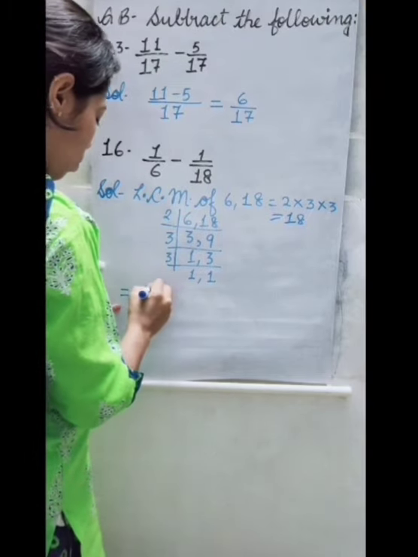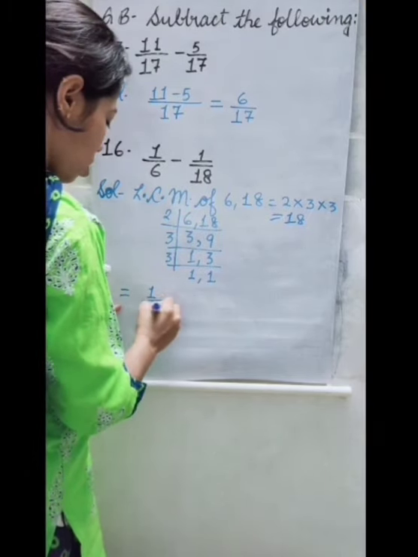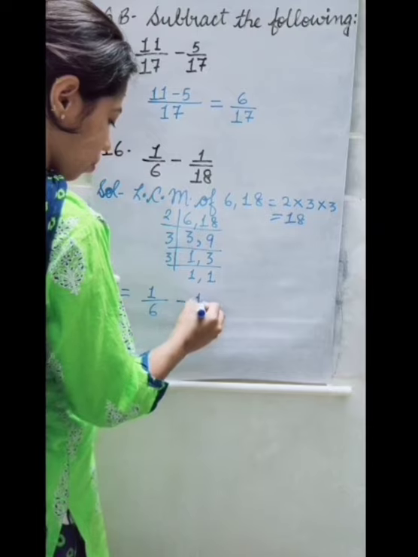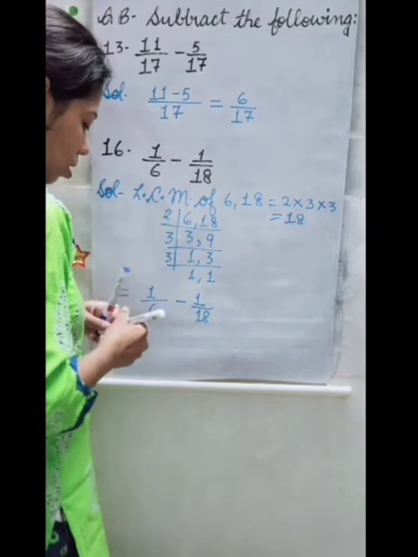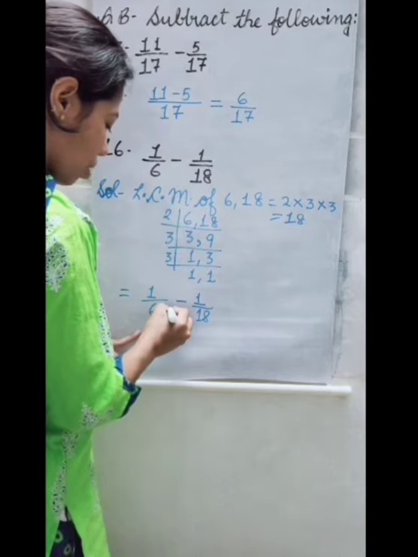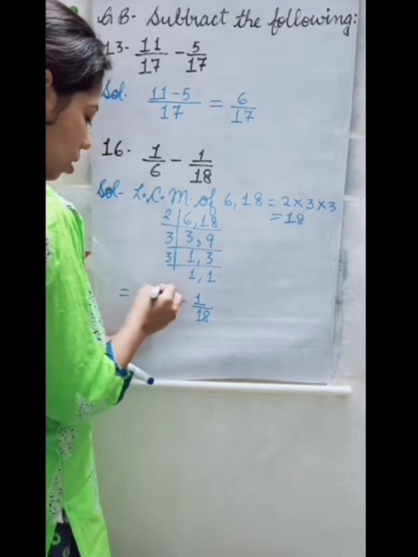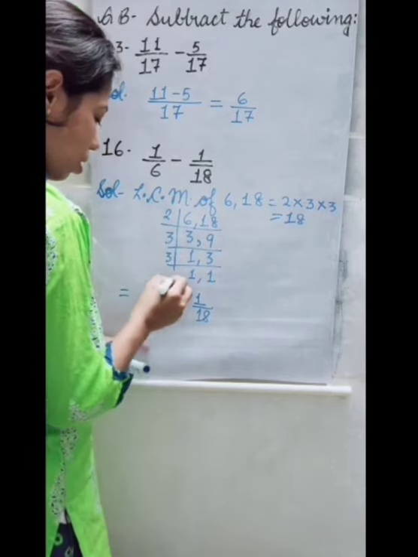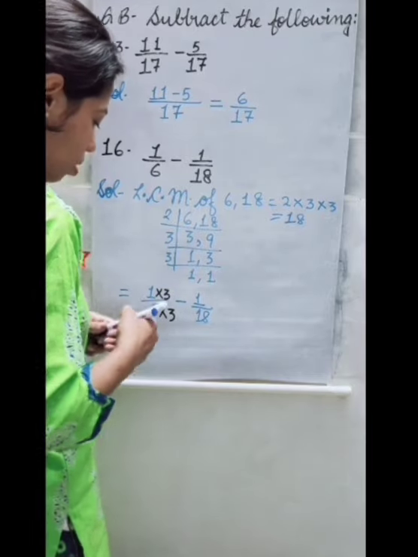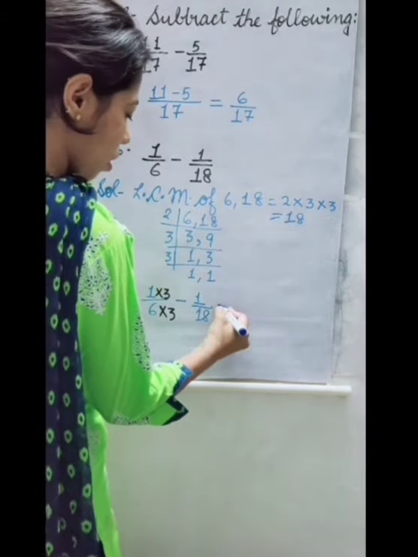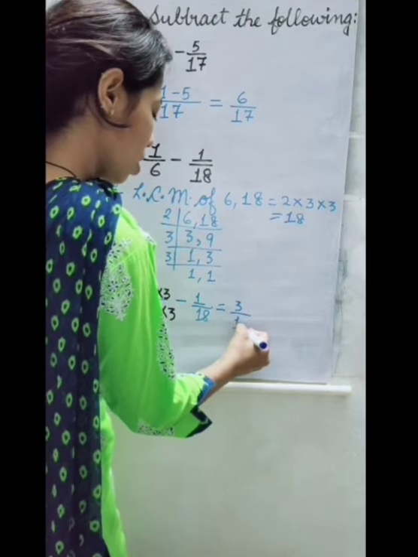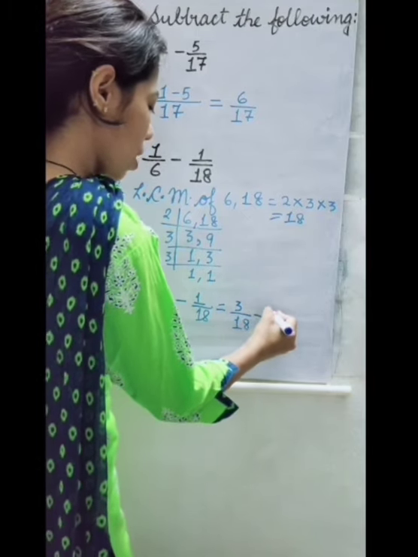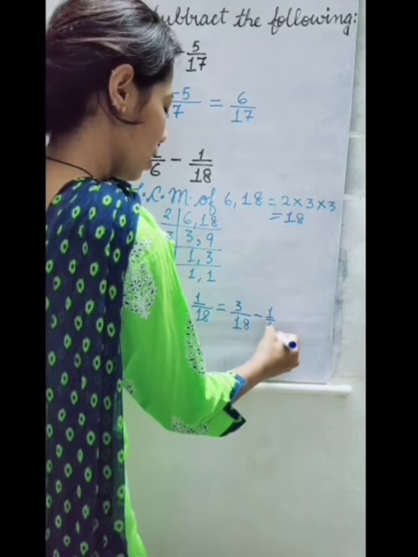In next step, we will change it. How we will change this 6 to 18? By multiplying this 6 by 3. We will multiply the numerator as well by the same number. Equals to 3 1s are 3 and 6 3s are 18. Minus 1 by 18.